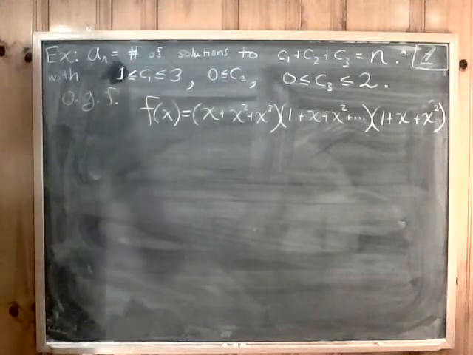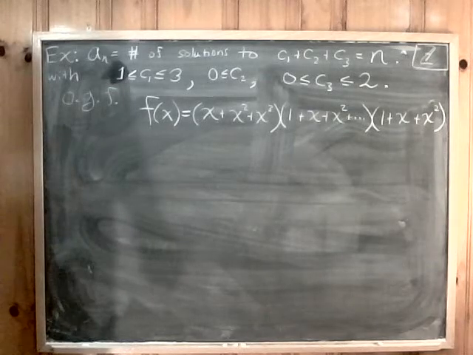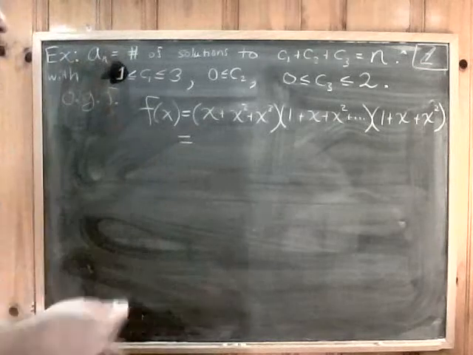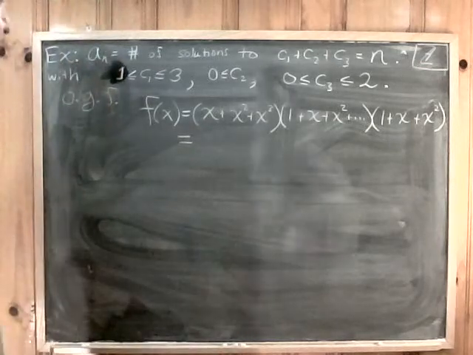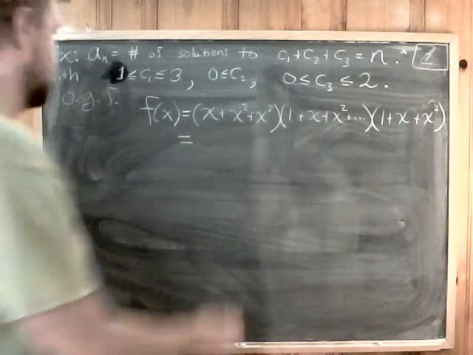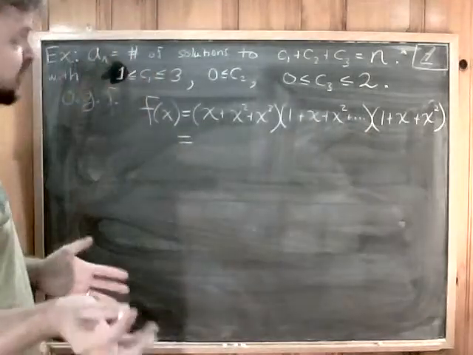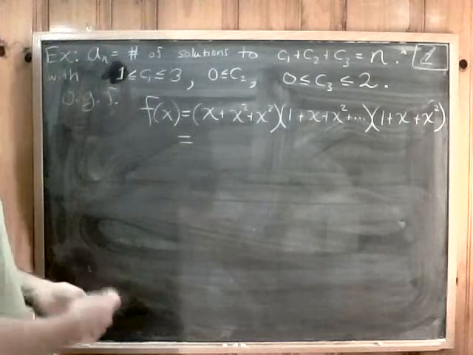So that's it, except that it does need to be, and this will always be required, you can't just leave it with the dot, dot, dot. So you need to put it into a closed form. Remove the dot, dot, dot. So this will be a closed form in x as opposed to n.